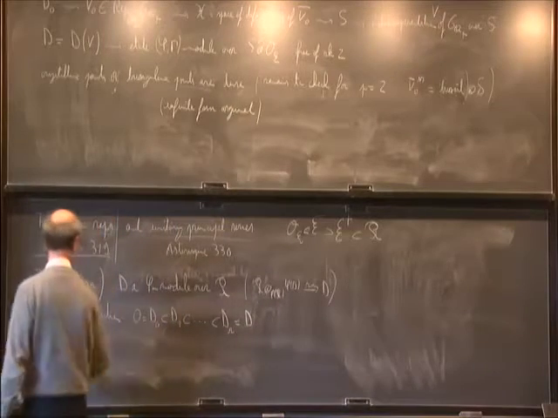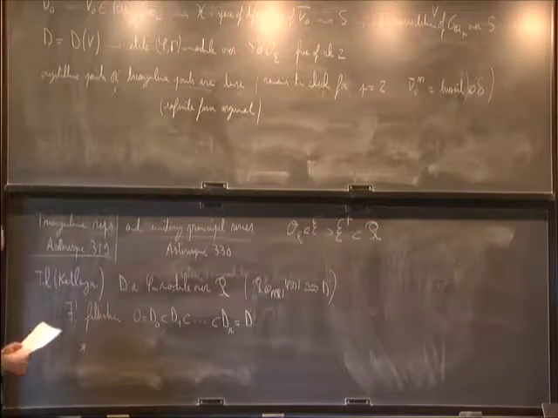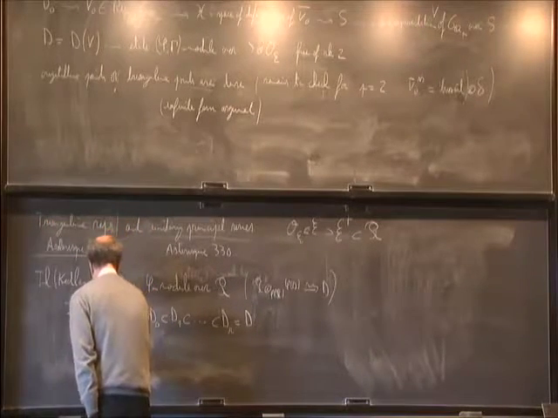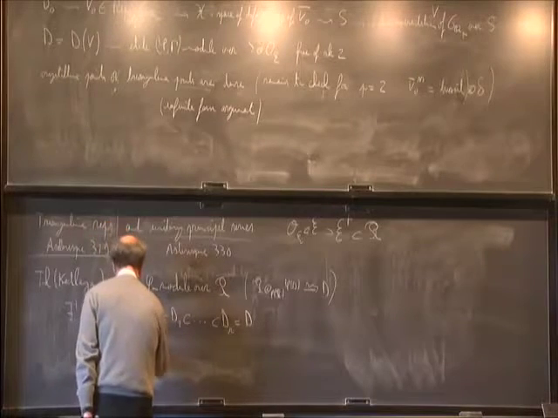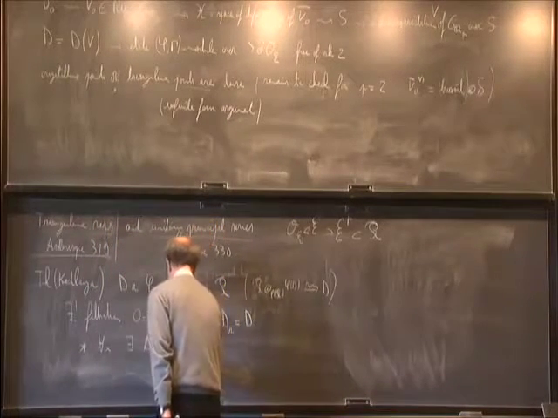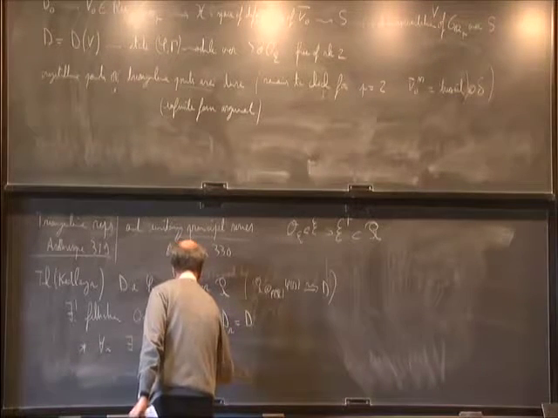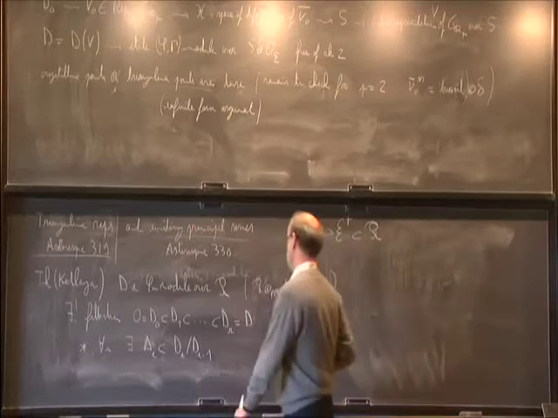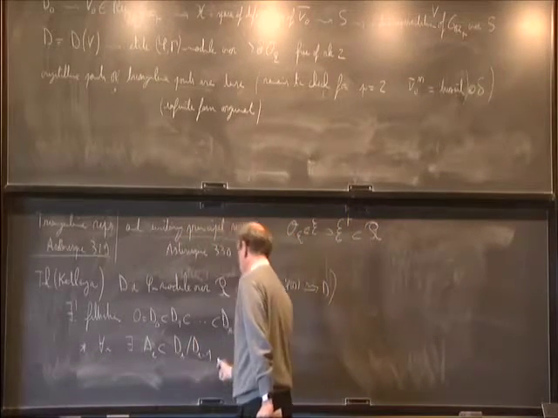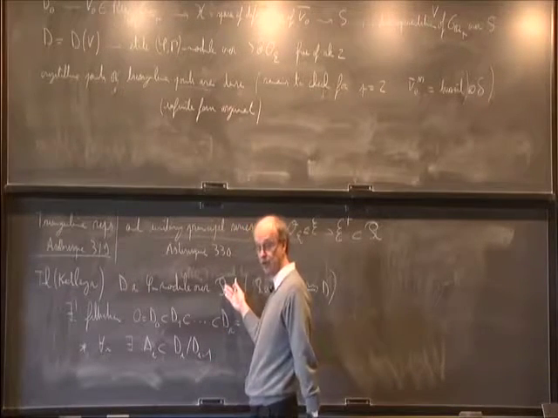So this filtration should satisfy the following thing. For all i, there exists some delta i inside the successive quotients, so inside Di mod Di minus 1. So this Di modulo Di minus 1 is supposed to be torsion free as an R module.